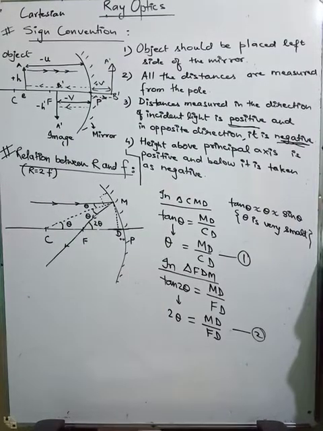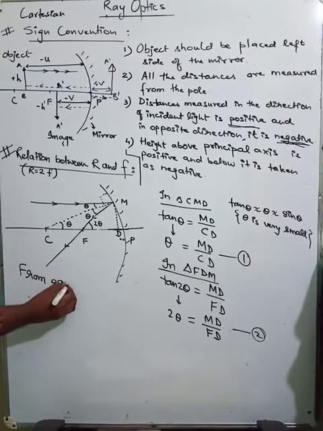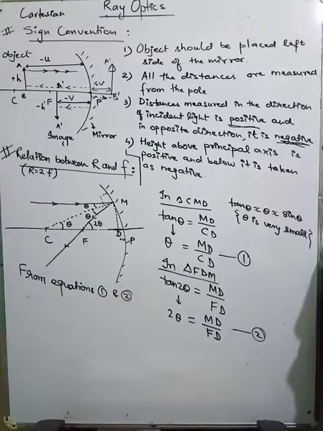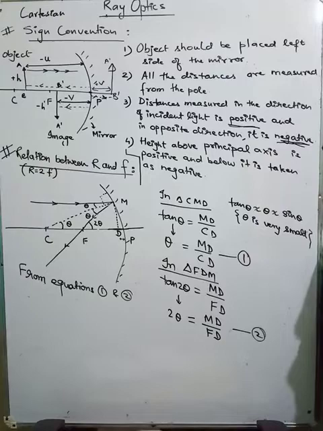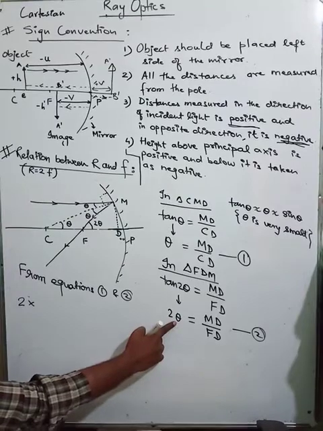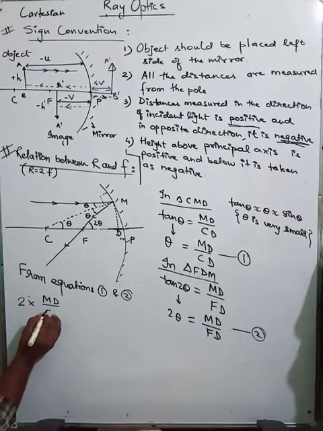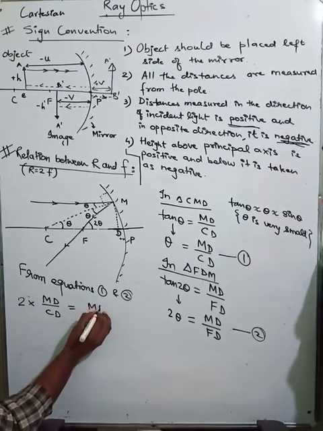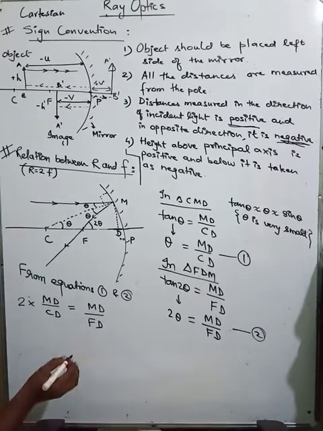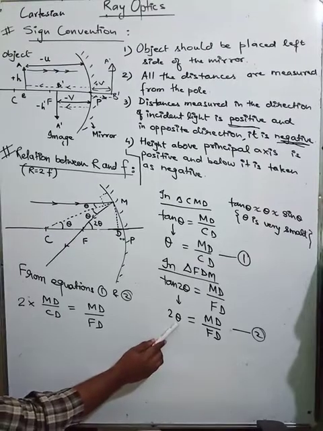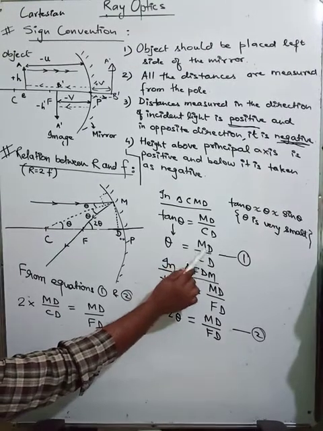Now from equation 1 and 2 we can write 2 into, in place of theta, we substitute theta equal to MD upon CD.